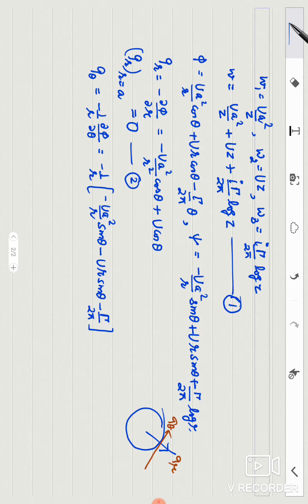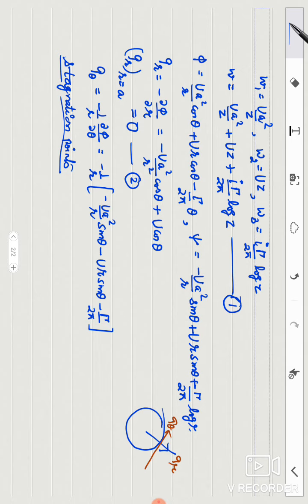Now we are interested in stagnation points. So what will happen at the stagnation points? First of all, for a stagnation point, I have to take Q theta to be 0.